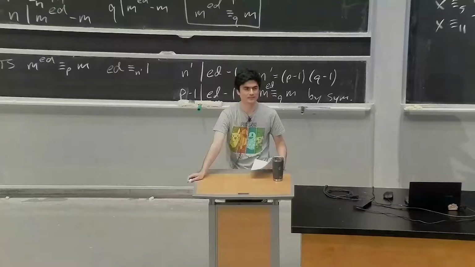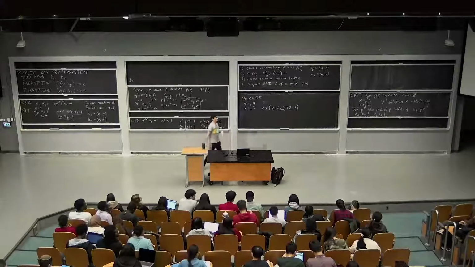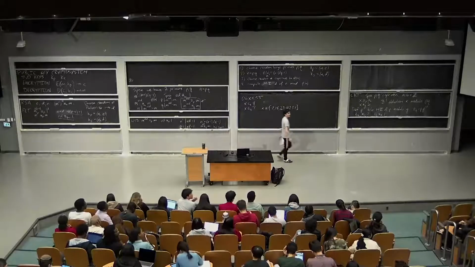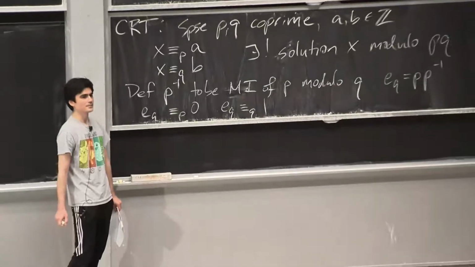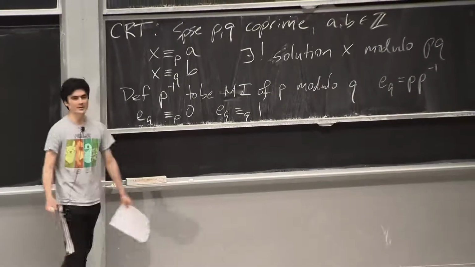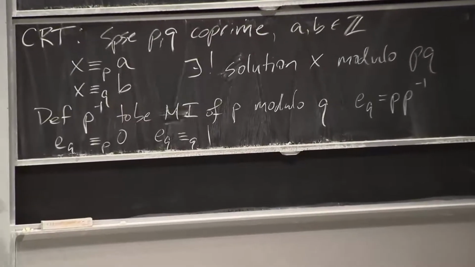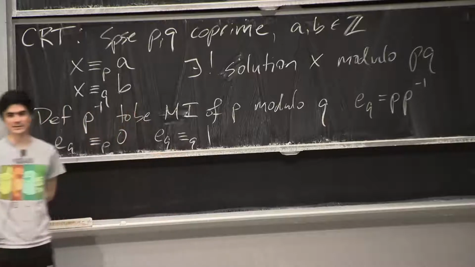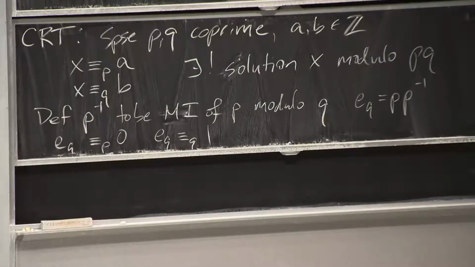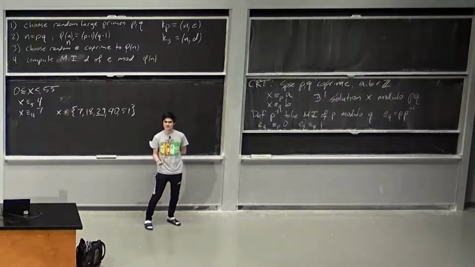Can we take EQ, which is equivalent mod Q to 1, and just multiply both sides by B? Yeah, so the answer was multiply EQ by B. B times EQ is now congruent to 0 modulo P, and 1 times B, which is B, modulo Q. Does that make sense to everybody?